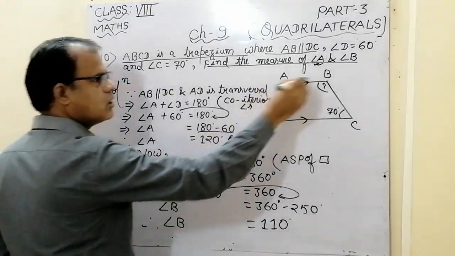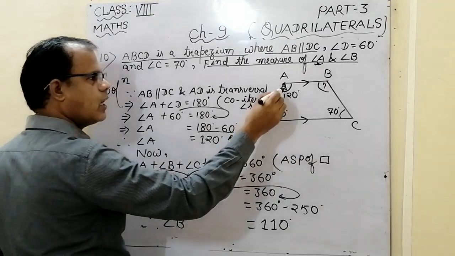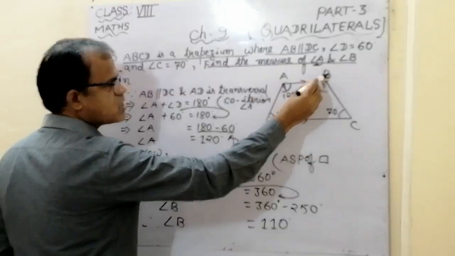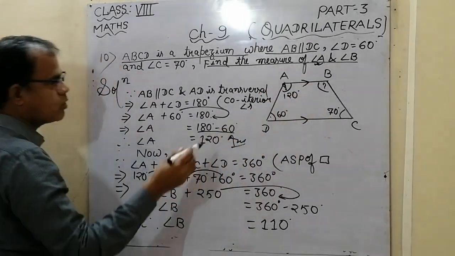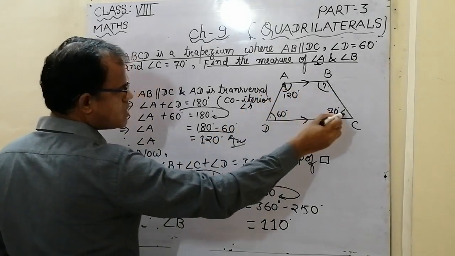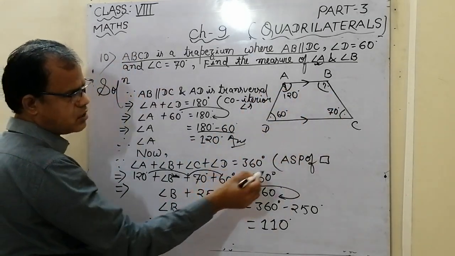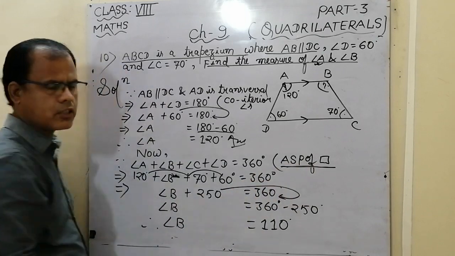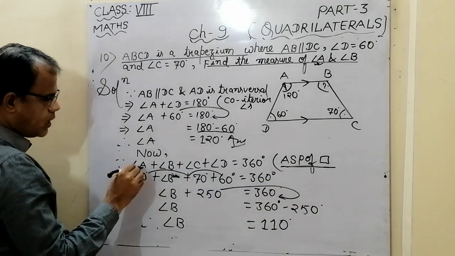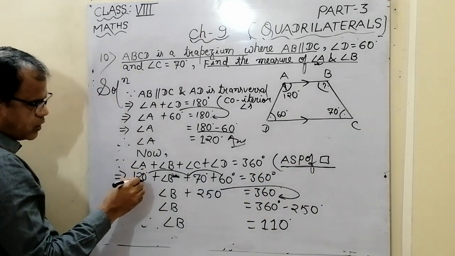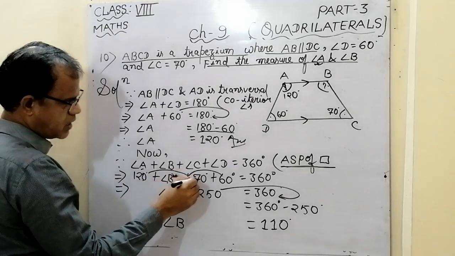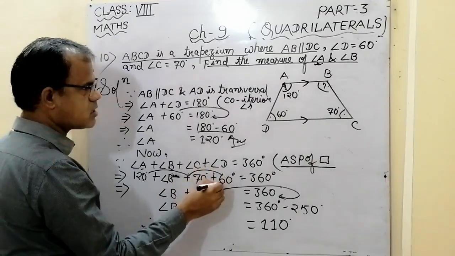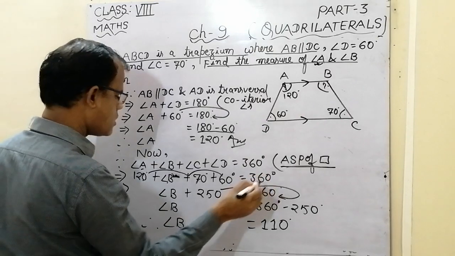Now in this figure we have to find angle B. Angle A plus B plus C plus D equals 360 degrees. Why? Angle sum property of quadrilateral. So we have angle A 120 plus angle B plus angle C 70 degrees plus angle D 60 degrees equals 360.